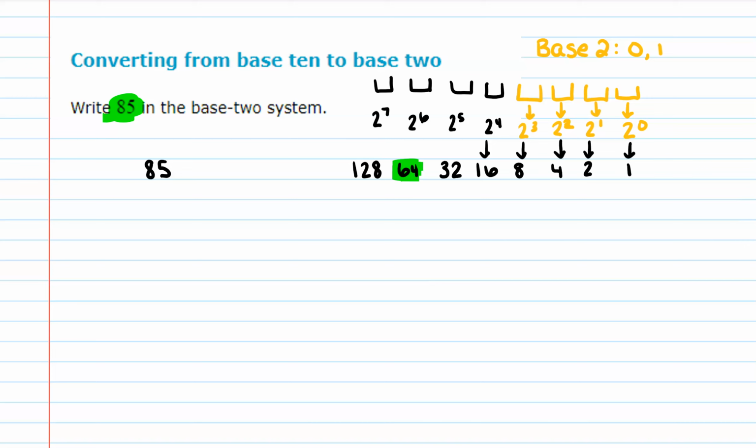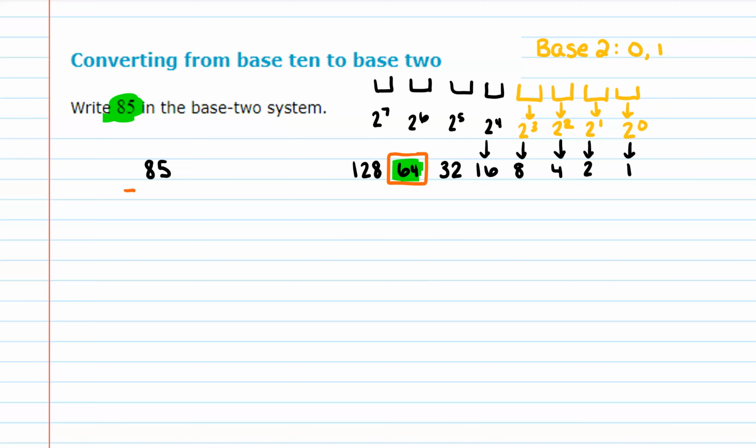So for the base 10 value, you want the first power of 2 which is lower than the number you have. So I wouldn't use 128. I would use 64, because 64 is definitely going to go into 85.